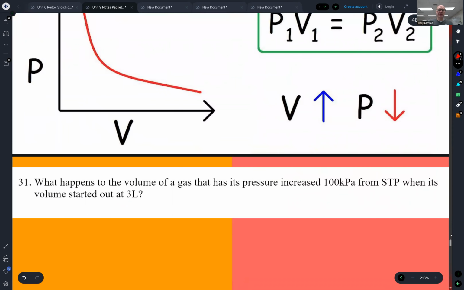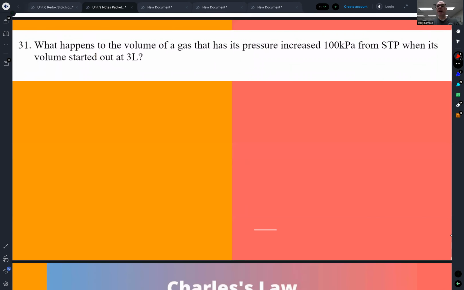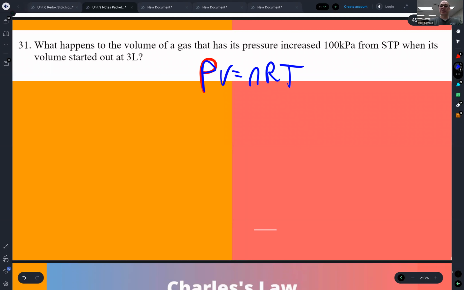Let's do a practice problem with this. Now, again, how do I know that I'm not dealing with PV equals nRT? Well, let's take a look and see. We start writing PV equals nRT, and I notice that I have standard temperature and pressure, which is 273 Kelvin and 1 atmosphere, which is 101 kilopascals.